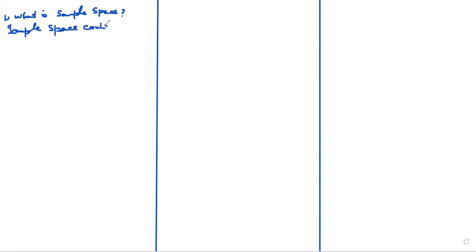So it is denoted as S, the sample space, containing all possible outcomes of an event. Right? All possible. It is denoted as S. Yes, we have studied in sets the universal set, which contains all sets of one type.